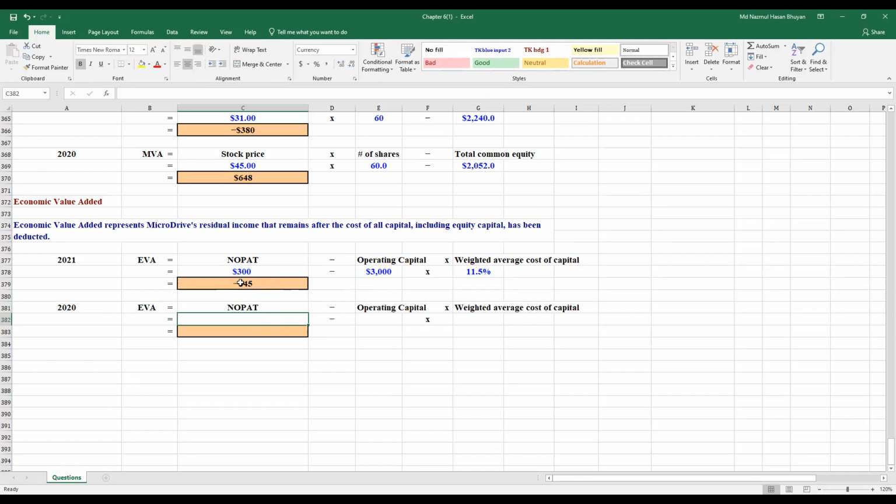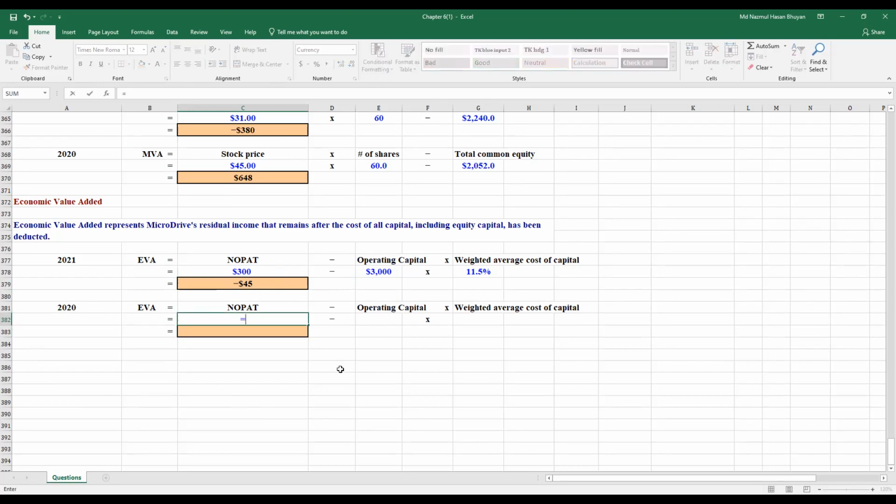That means the company has negative 45 residual income in the year 2021. So you should not be happy because the company actually generated $45 million less than its total cost of capital.